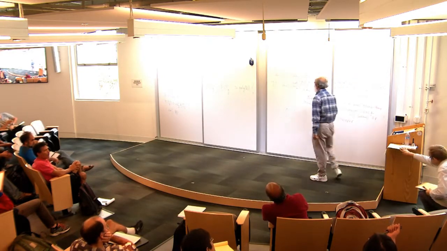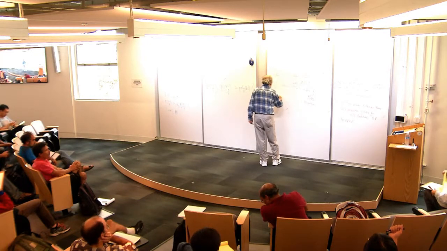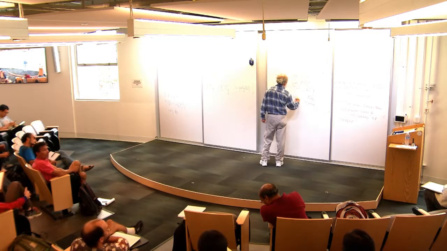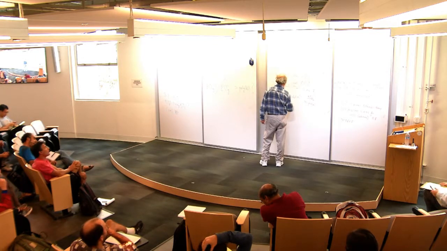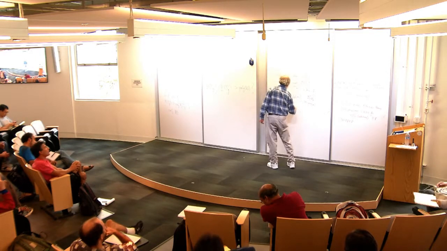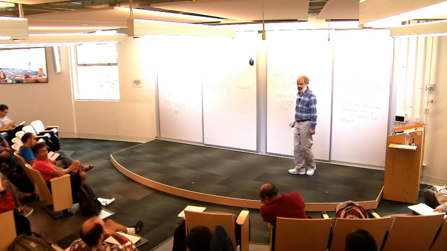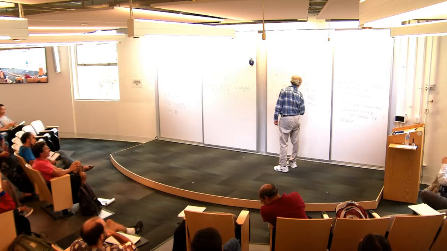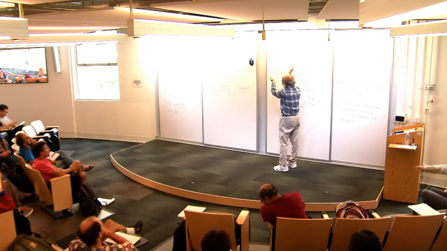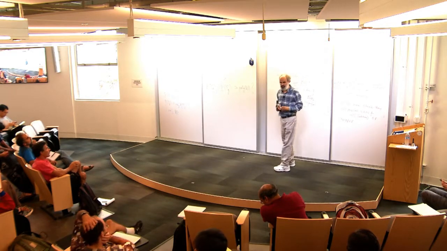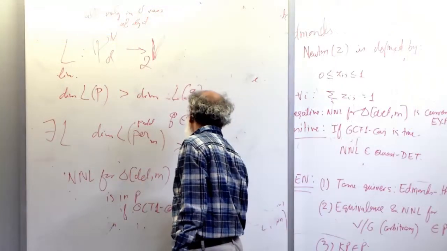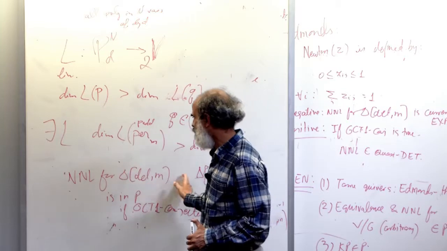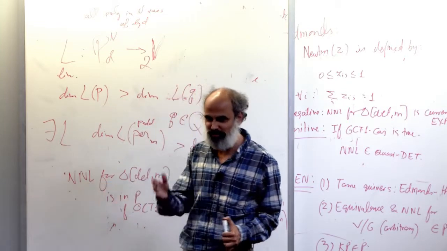On that result, NNL for delta Z is in P, if whatever the complexity theory conjecture. And this is actually in some sense an easier form of that, because here you have to battle with all the horror on the border and all that. And if this is not easy, then I think that this won't be easy, and if that is not easy in this way.